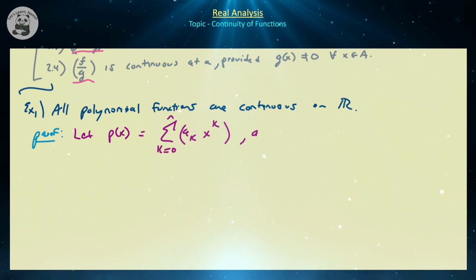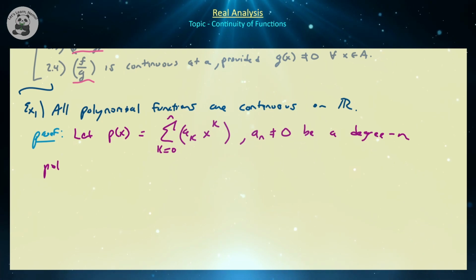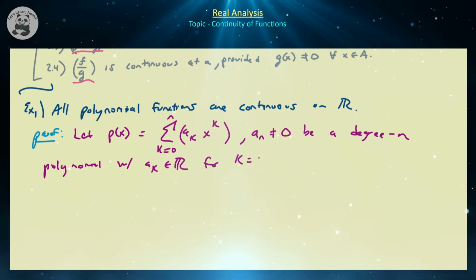Let's assume that its leading coefficient is not equal to 0, and that this is a degree n polynomial. And let's assume that each of those coefficients are real numbers for k equals 0, 1, 2, all the way down to n, obviously with the leading term non-zero.